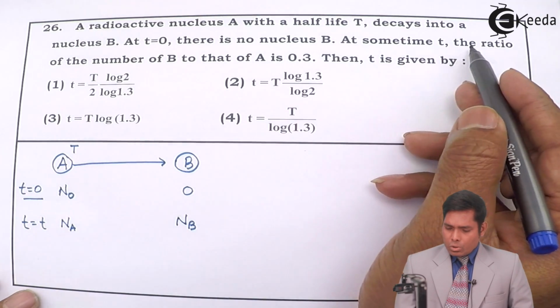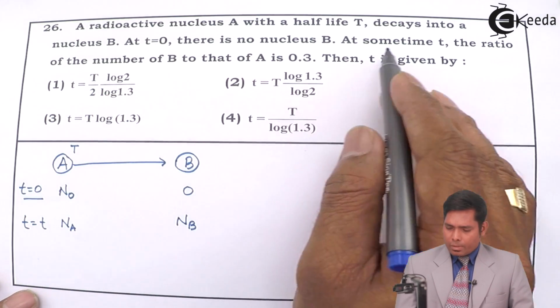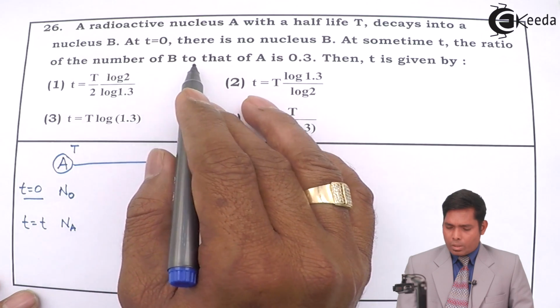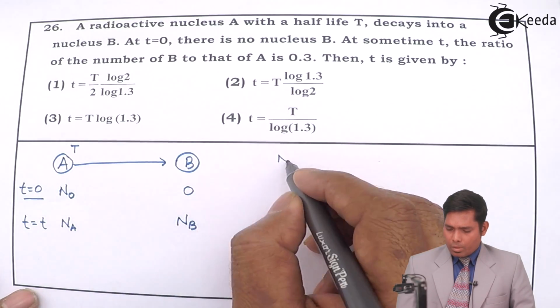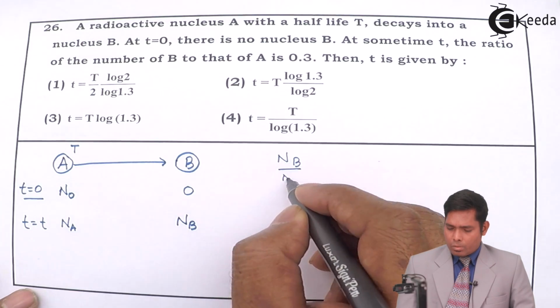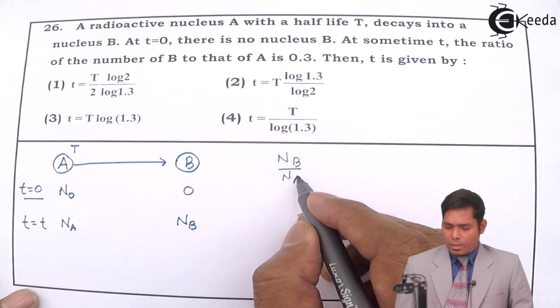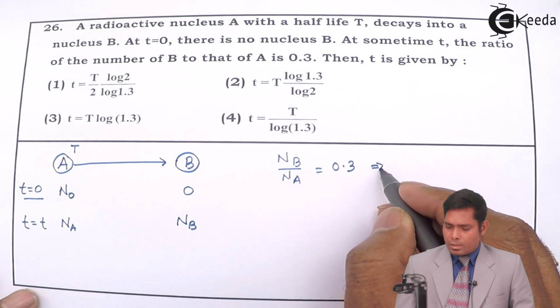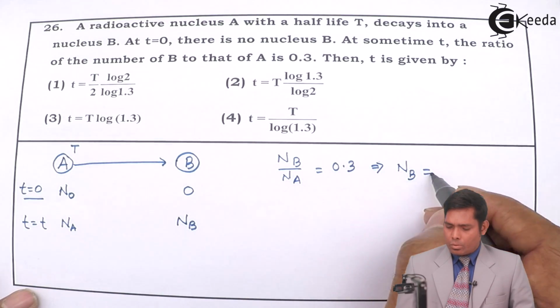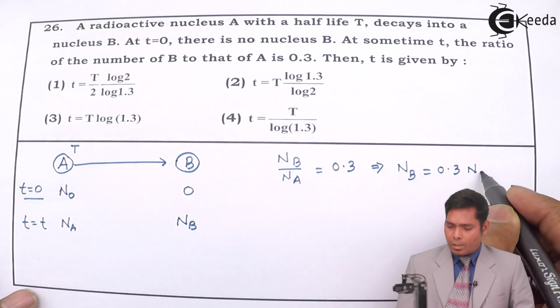It says that the ratio of the number of nuclei of B to that of A is 0.3. From here I'll write Nb equals 0.3 Na.